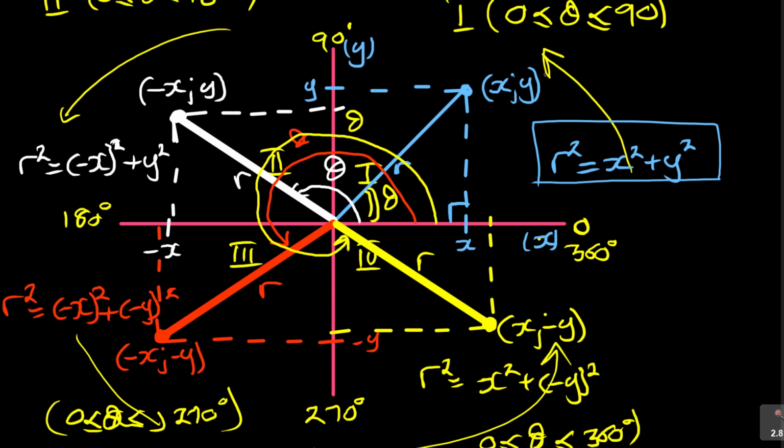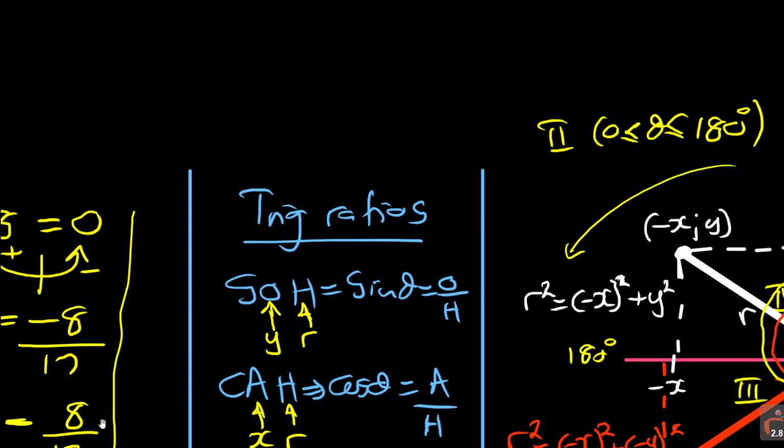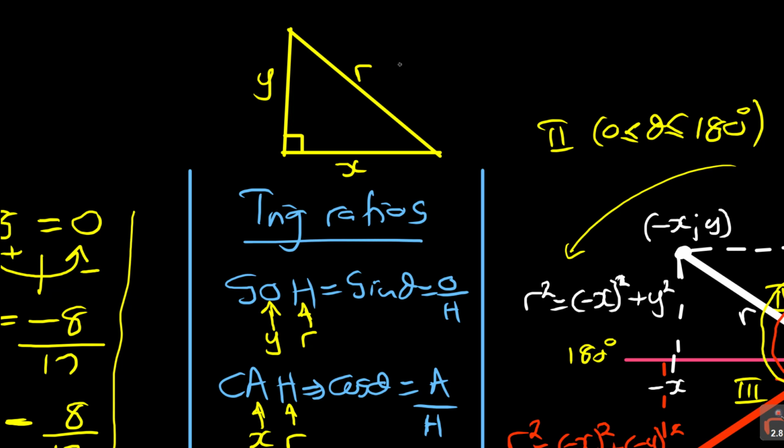There is the x, y, and r is the long one. If I'm saying you need to express sine and cosine in terms of x, y, and r, this is what I'm saying. You'll be given that this is 90 degrees. So horizontal is your x, vertical is your y, and r is the hypotenuse. Are you with me? Hence, if we put here and say this is theta, then this becomes x, y, and r.